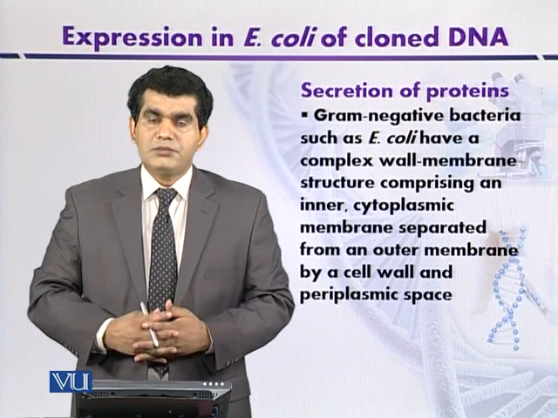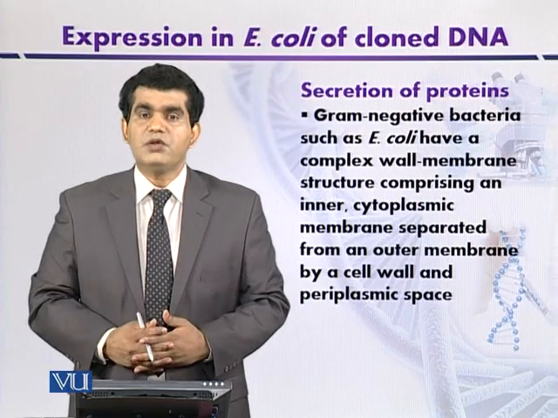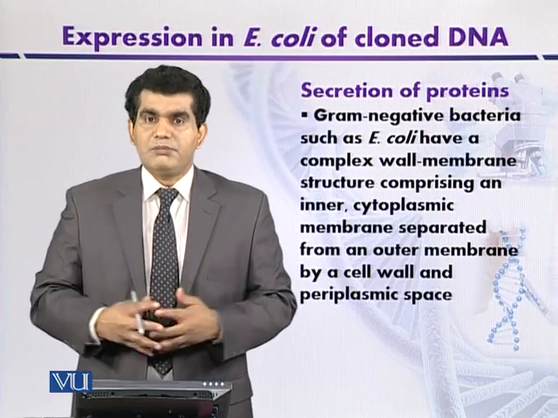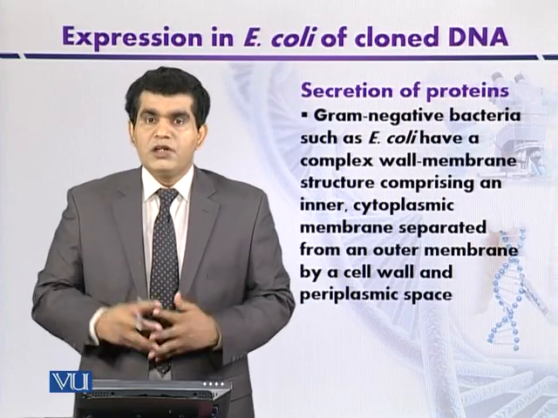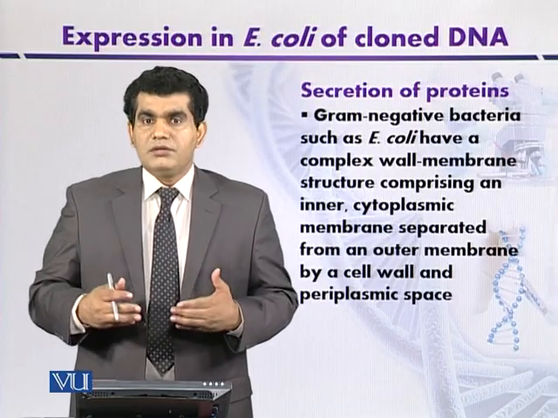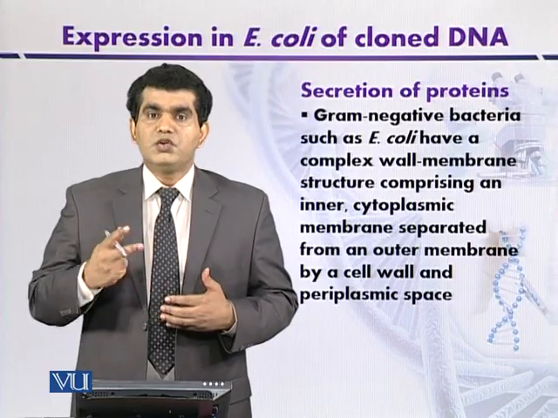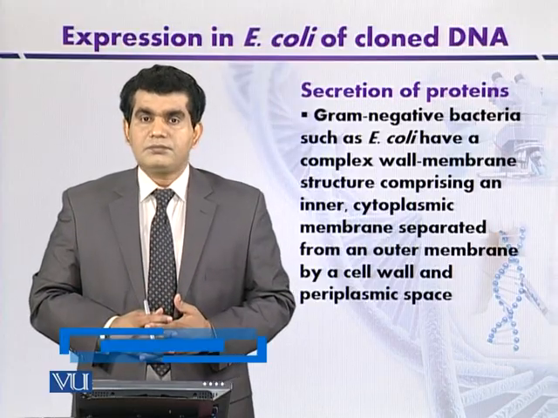The host organism, as I quoted a number of times, for example, if it is E. coli, it is a type of gram-negative bacteria. If we have a look at its structure, then this host organism contains a two membrane system.